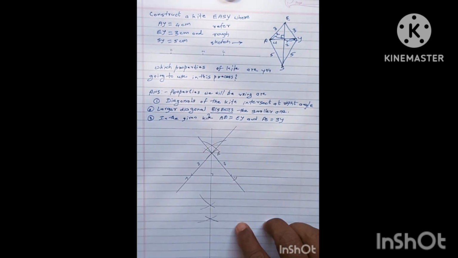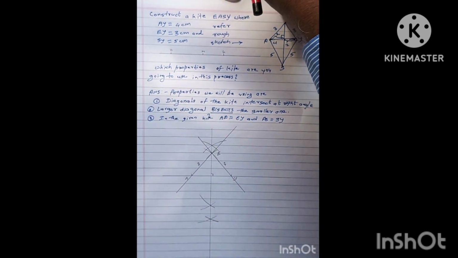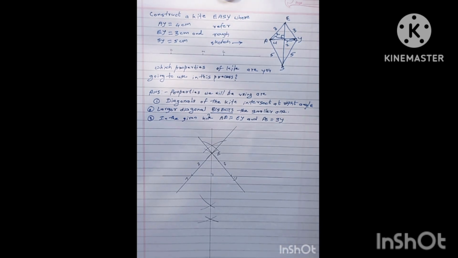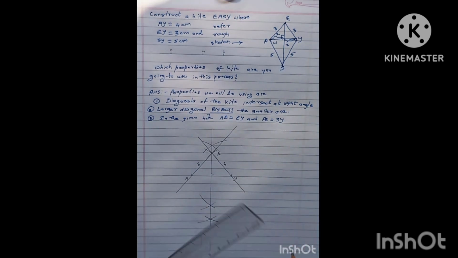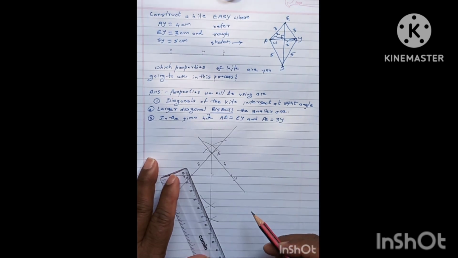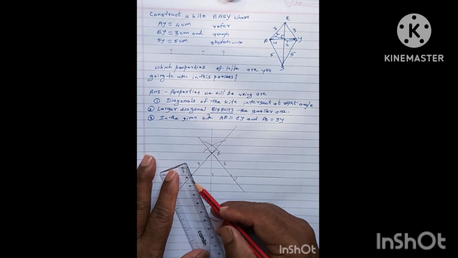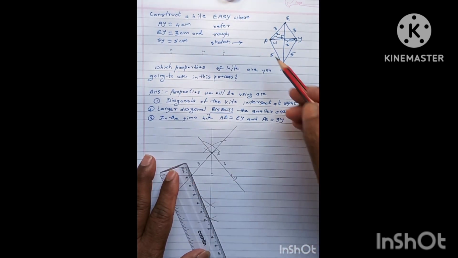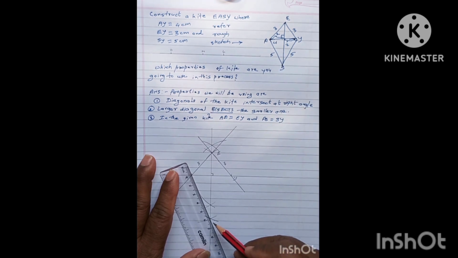See, that intersection point has to be on the diagonal, on that line. You are not supposed to take this, you are supposed to take this one. So I'm joining that. You can see I am taking 5 centimeters.